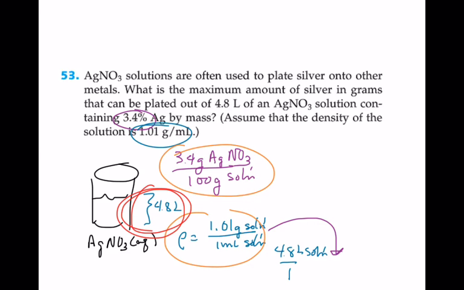Well, what would I do next? If I'm carrying grams of solution in the numerator as my only term, notice if I stick the weight percent there, I can get grams of solution to cancel. There are different orders you can use, because it would all come out in the long run. So if I stick that in there, notice I'm going to get grams of AgNO3.